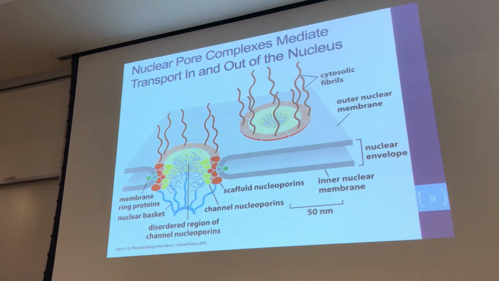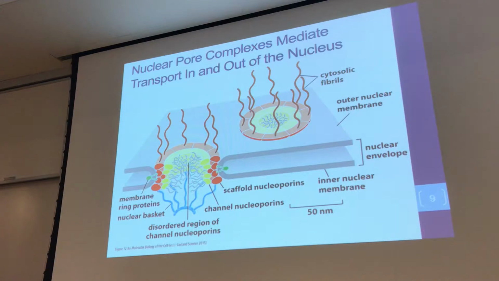And then here, this disordered region of nucleoporins. These are proteins that are just sitting there and preventing big stuff from going through. And then down in the bottom we have the nuclear basket, whose function I'm not entirely clear on, but I imagine that this is part of preventing large things from coming in. So it's kind of like a sieve structure to me.